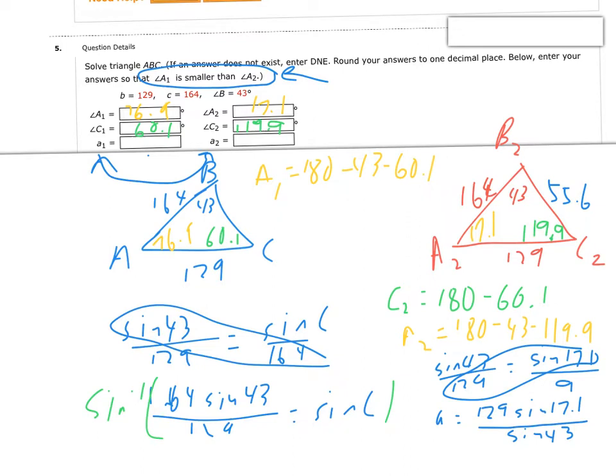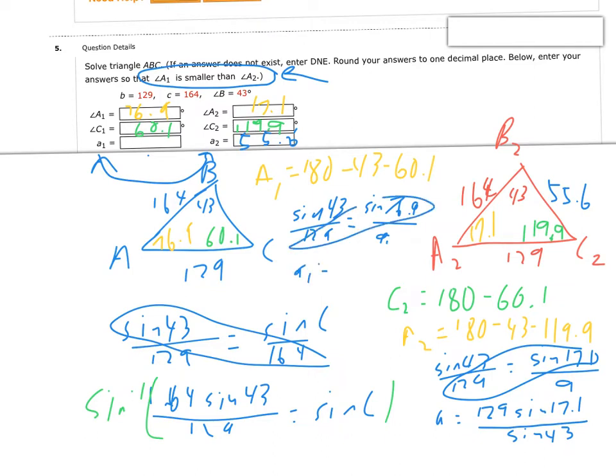All right, and then I'll also, so wait, what was that? Okay, yeah, 55.6 right here. And then lastly, I'll go ahead and find my side A sub 1. So that'll be on this one. Sine of 43 over 129 equals sine of that 76.9 I have there over little a sub 1. So we'll go ahead and cross multiply those.